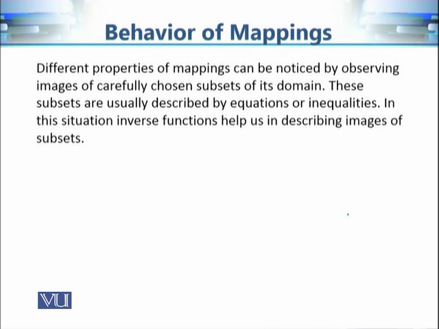What is the procedure for observing the geometrical behavior using the Z plane and W plane? The idea is we take subsets from the Z plane and we observe their images in the W plane, and based on those images we try to understand the geometrical properties or the behavior of the function.